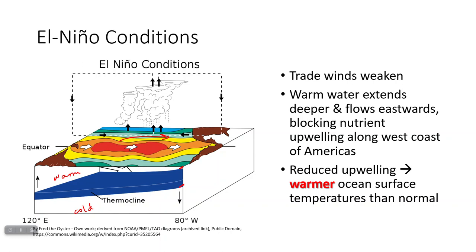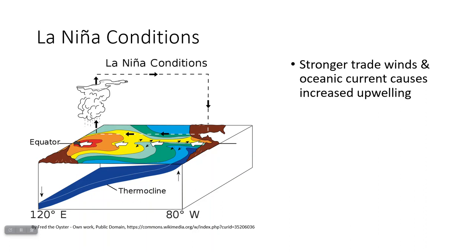There is a reverse to this, which is a La Nina. A La Nina is when you actually have stronger trade winds that are going to really blow warm water away from the west coast of South America. When that happens, notice your thermocline is now all the way up here with the warm water there and the cold water there.